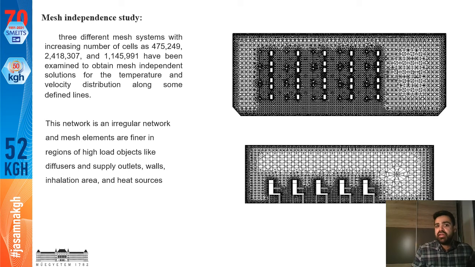They were examined to see from which number of cells we get the same results, and we could see that between 2 million and 4 million we could not see any difference, honestly. So that's why we fixed the mesh density at around 2 million.